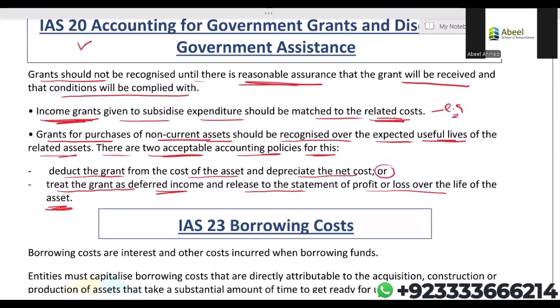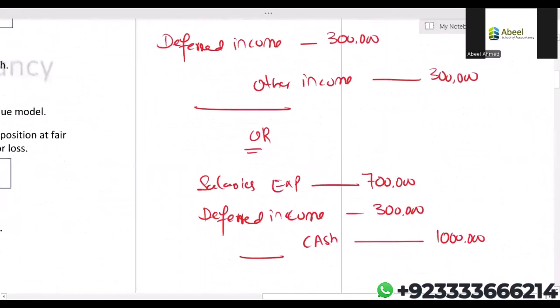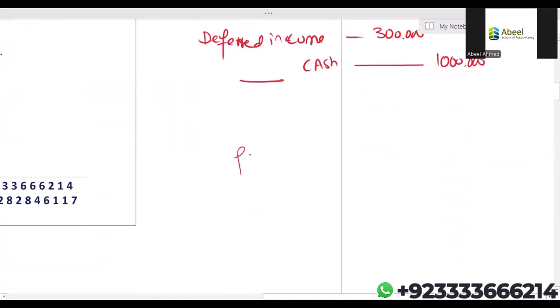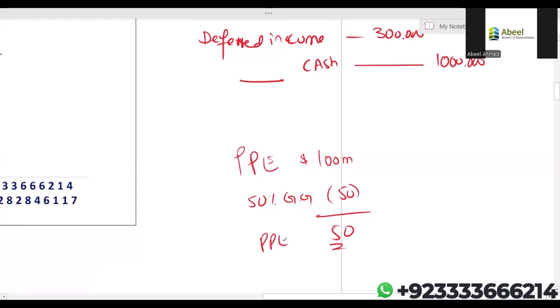But what do you think? What is the problem, I would say, in the first method, where we are deducting the grant from the cost of the asset? For example, the property, plant, and equipment is, say, $100 million. There's a 50% government grant. If I deduct that, obviously in my books I'll have property, plant, and equipment of 50 million. Am I right?